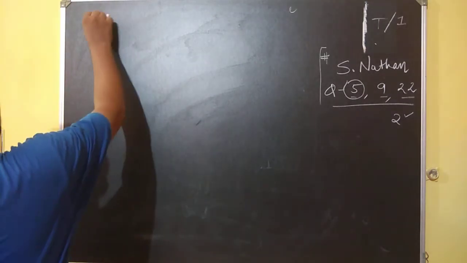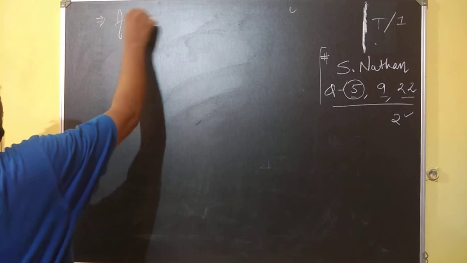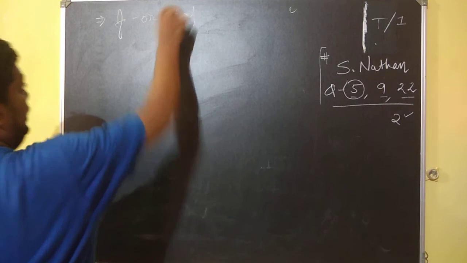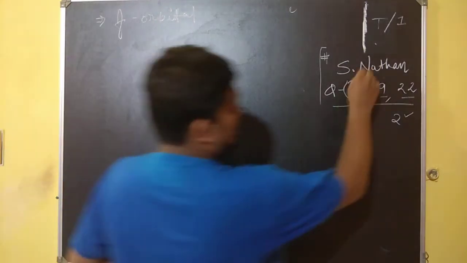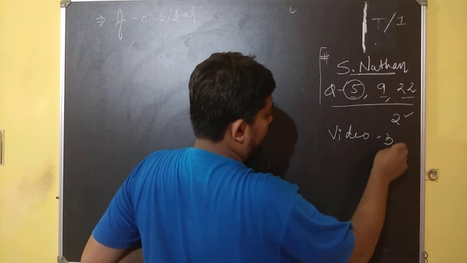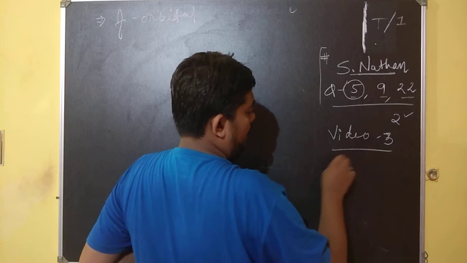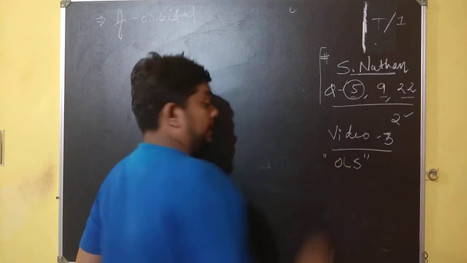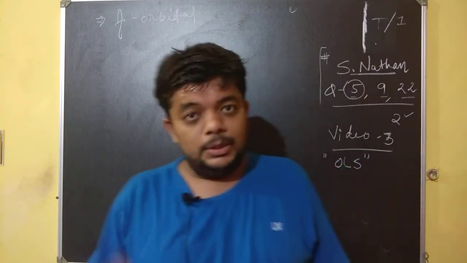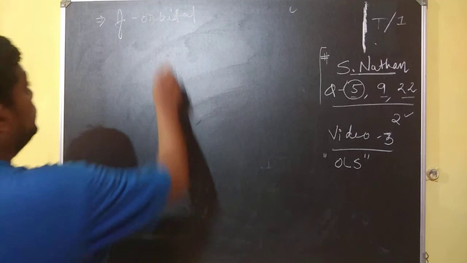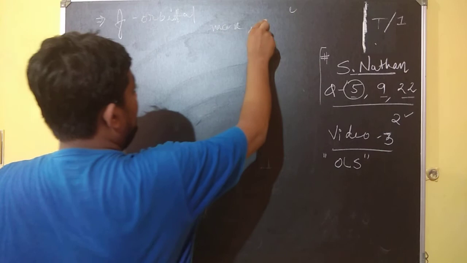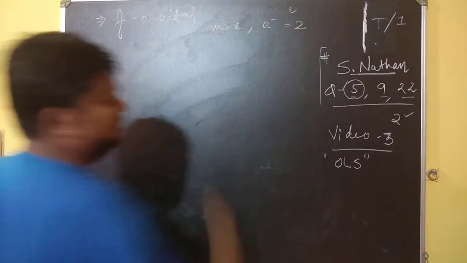Here it is said that in f orbital, the viewer of this video has very particularly seen the video number 3 of this online lecture series and has stated that, sir, you have very particularly discussed with us that when an author uses the word orbital, the maximum possible electron would be 2.